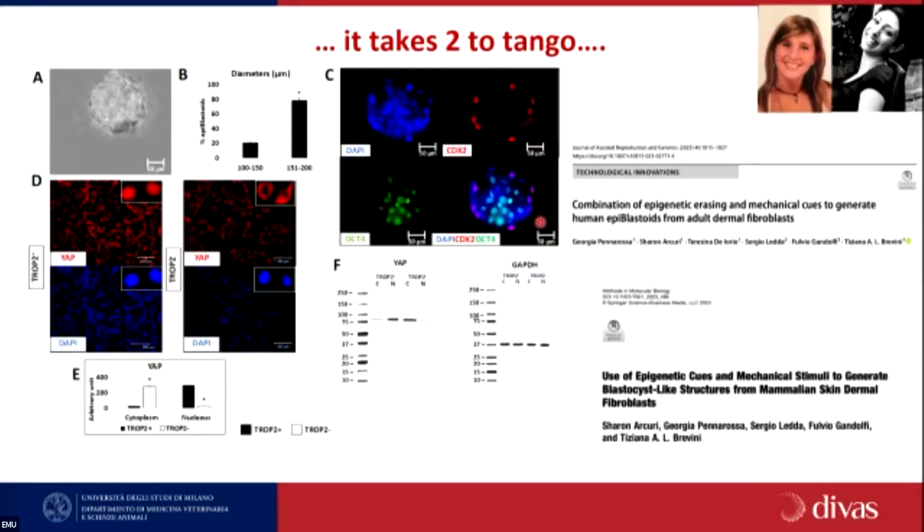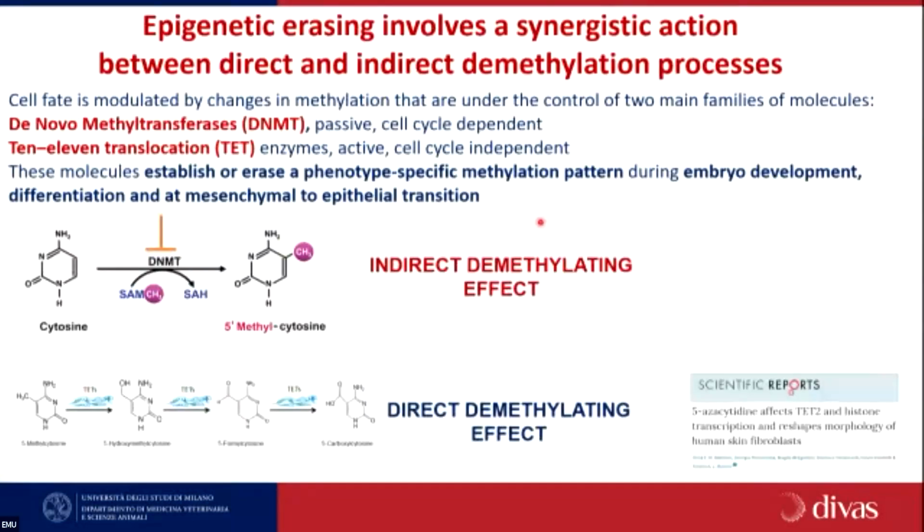And I would like to draw your attention to the fact that when we are doing these reprogramming experiments, we are basically temporarily erasing the epigenetic memories of cells and reprogramming cells towards a different phenotype. This takes place through several different mechanisms.